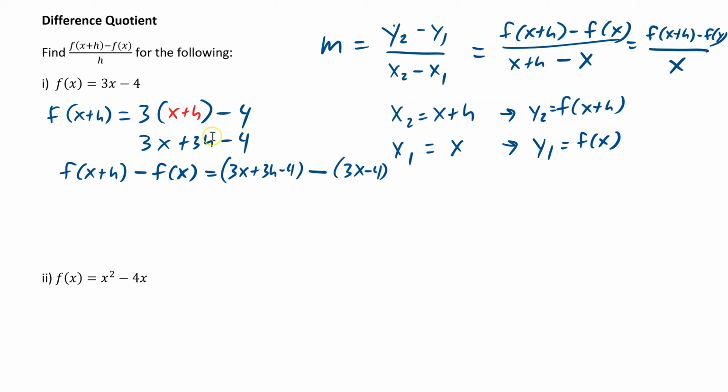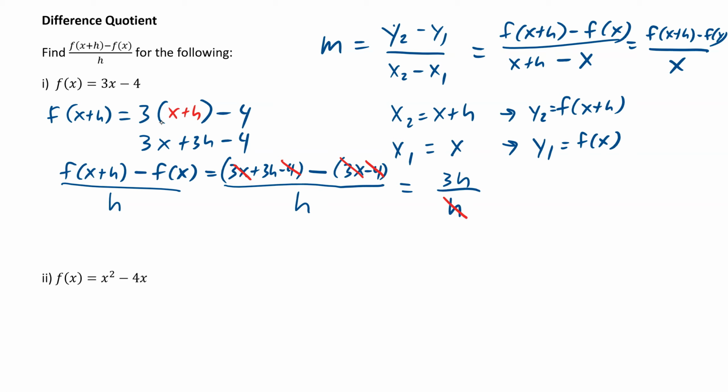So we're taking this and subtracting this. And you don't distribute, you don't do anything, you just subtract. So we're taking away a 3x, like that, and we're taking away a negative 4, leaving us with just plain old 3h.